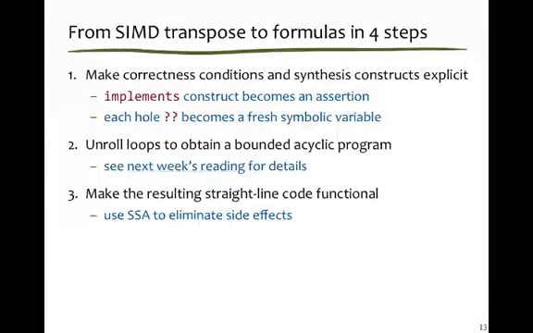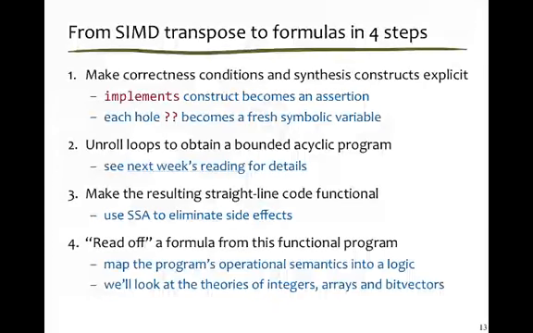The third step is essentially after the first 2 steps, you will end up with a very simple straight line program, right? Finite bounded straight line program. It will still have side effects though. Side effects are bad, right? We want to get rid of them. And we're going to do that by converting it into SSA form, single static assignment. But this is a special form of single static assignment where we're also doing it for the heap, not just the local variables.